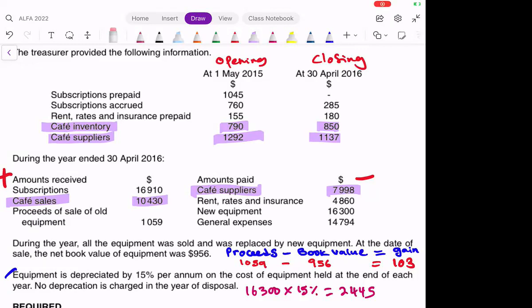What's the formula? You take the payment, plus the CD, minus the BD. Payment plus CD minus BD, you will get the purchases. Everybody following me? All good?